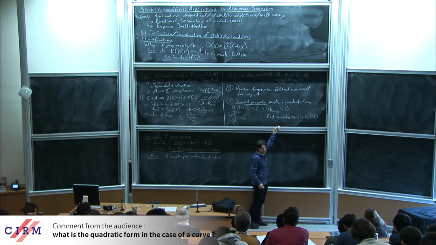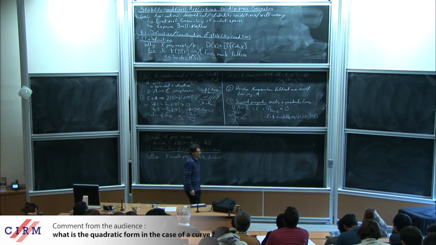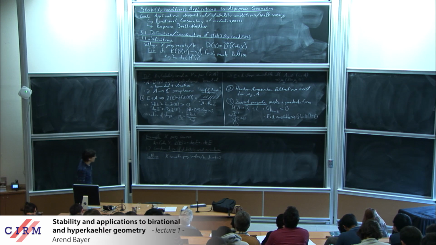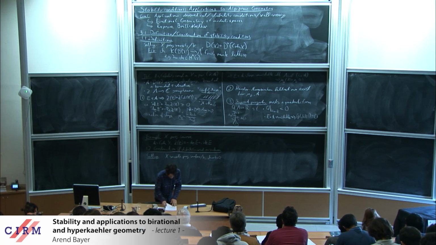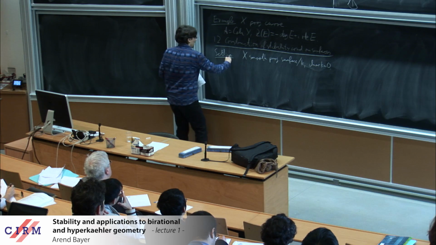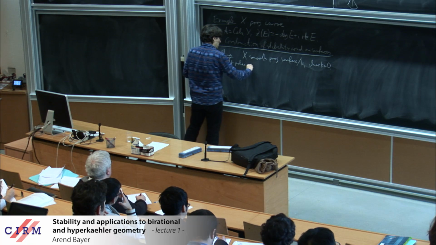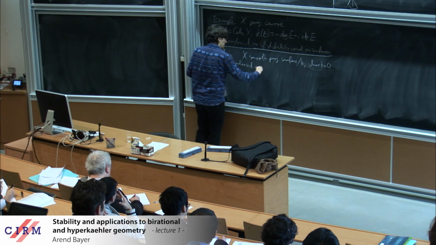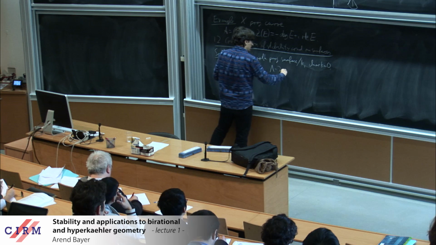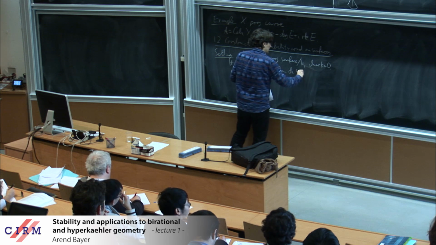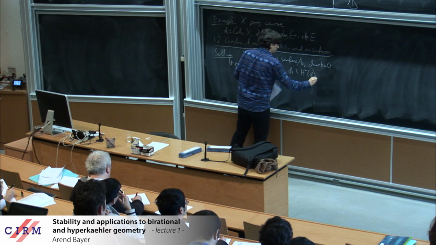So I can just take any positive definite form on it. Okay, and so I also take a polarization. And I do take lambda to be the image of the Chern character inside the cohomology of X.